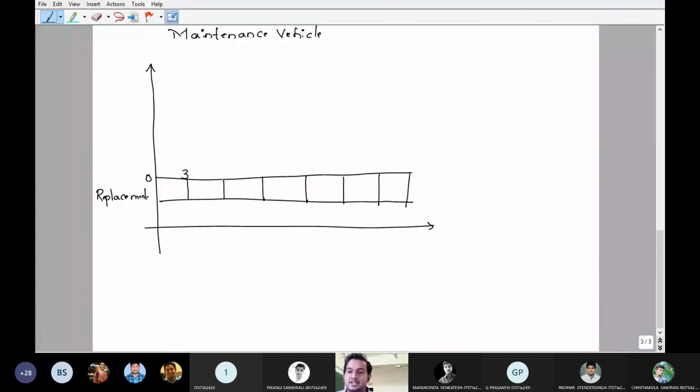Next one 3 to 7, then 7 to 14, next 22, next 30, next 37, last 46.